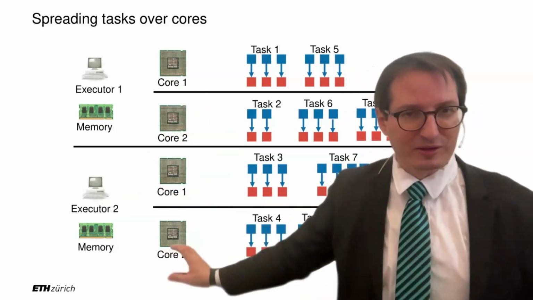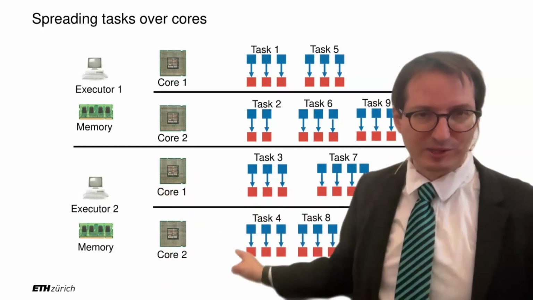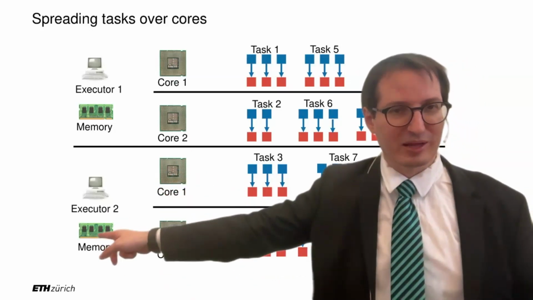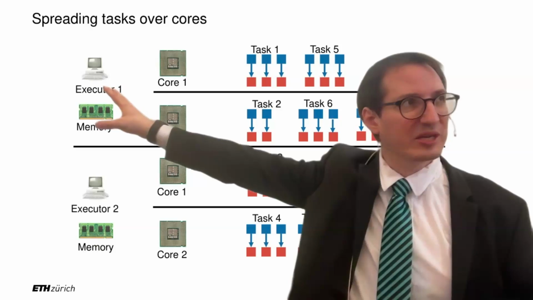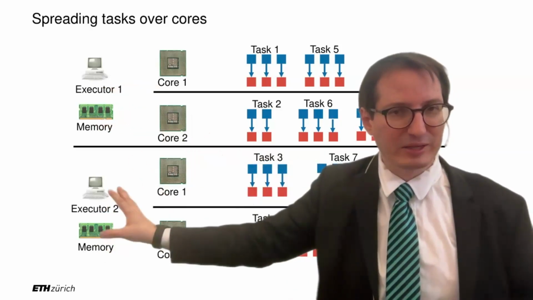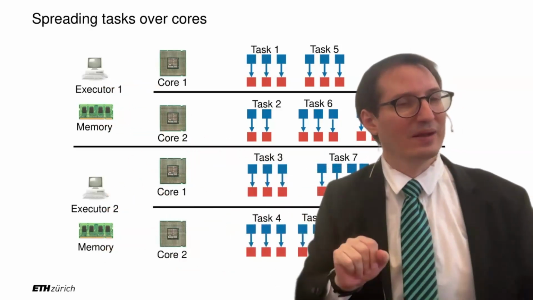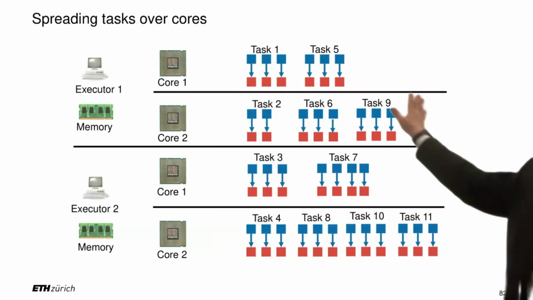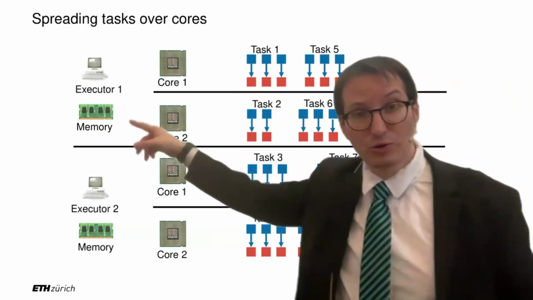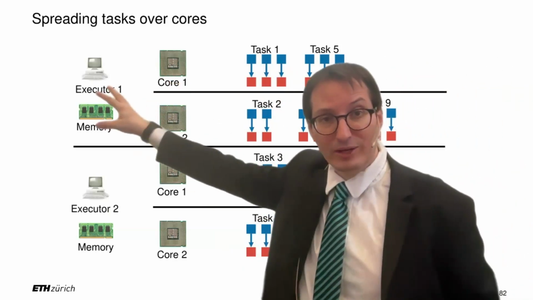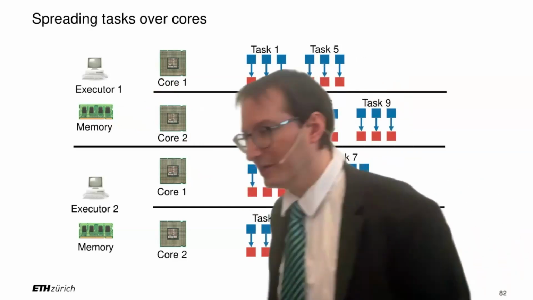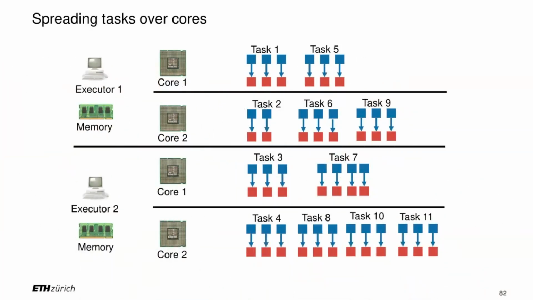Likewise, we have here two other cores, so two different slots, and the shared memory. So we have one executor, one YARN container, one YARN container, okay? So we still have this idea of slots and tasks, but now what's new is the fact that these slots are going to have some shared memory in here. All right.